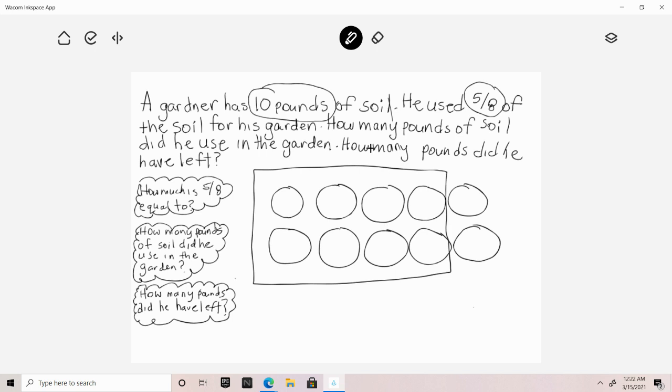So that tells us that we can only make one hole out of those 10 pounds. I can't make another group of 8. It's impossible. I don't have enough. So I know at least I can make one hole. But we have these 2 holes left over. And since we're using eighths, we're going to take this hole and we're going to break it into eighths.